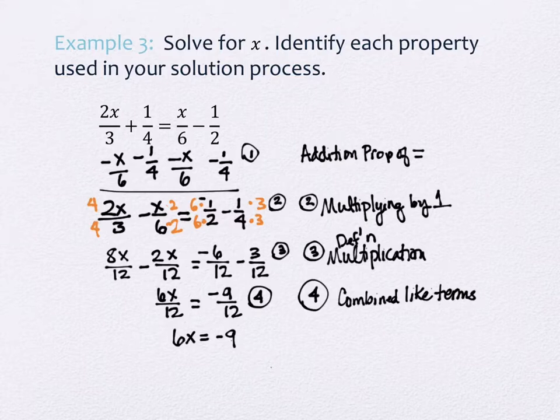Okay. And then our 5th step here, how did we get 6x equals negative 9? One way to think about it is that we multiplied by 12, that common denominator that we found earlier. So it's multiplication is what it really is.